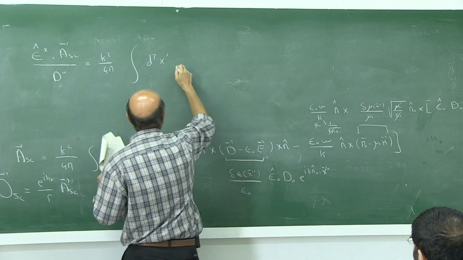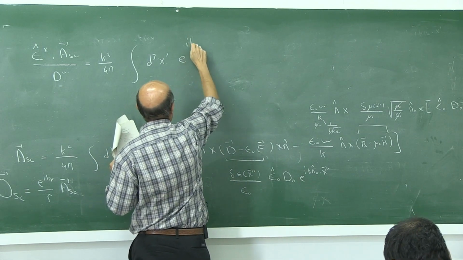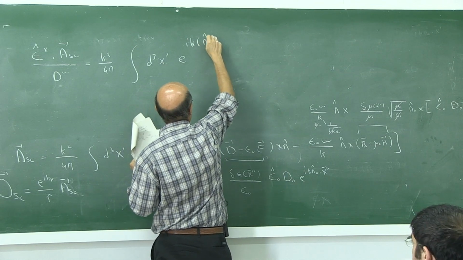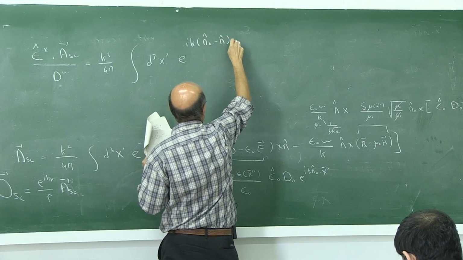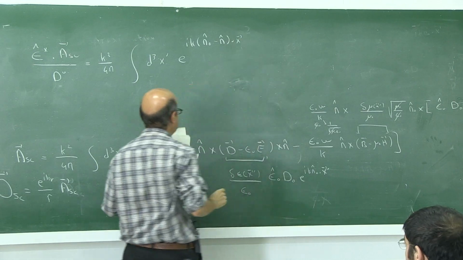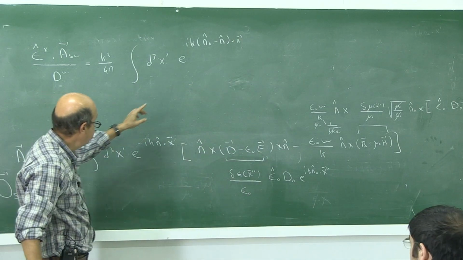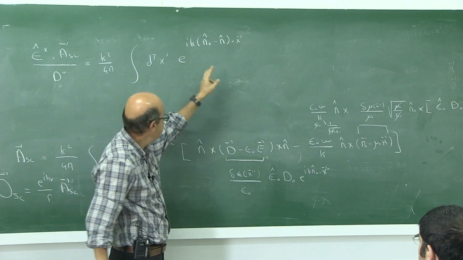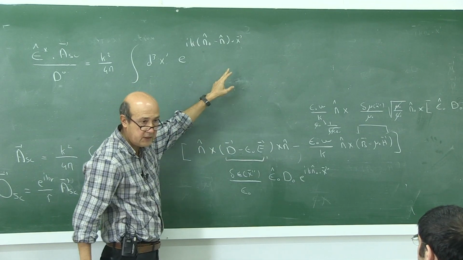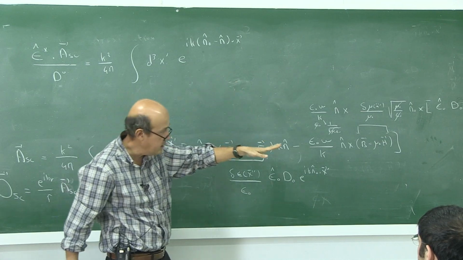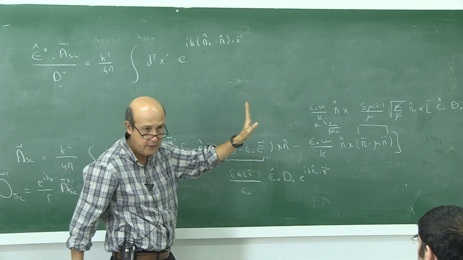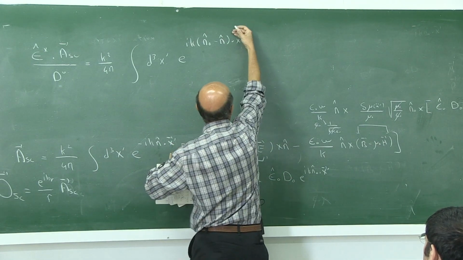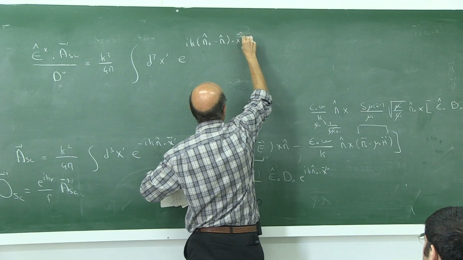So that is nothing but e to the ik (n0 minus n) dot x prime. So that defines the difference of the wave number direction before the scattering and after the scattering. n0 is the incident direction and n is the direction after the scattering. And that is in the parentheses, so this should be prime.